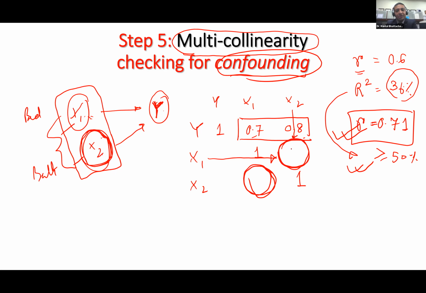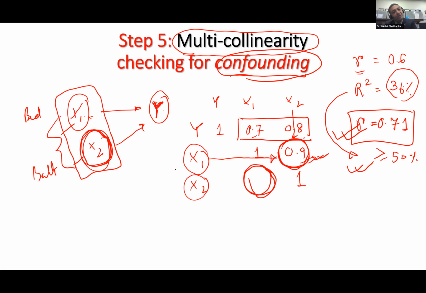Imagine that correlation is 0.9. So suddenly you see that it's a very, very high correlation. And I'm not talking bedrooms, bathrooms here. I'm just giving a generic example. That correlation is 0.9. So definitely there is a high chance of confounding, and then one of X1 or X2 has to go.